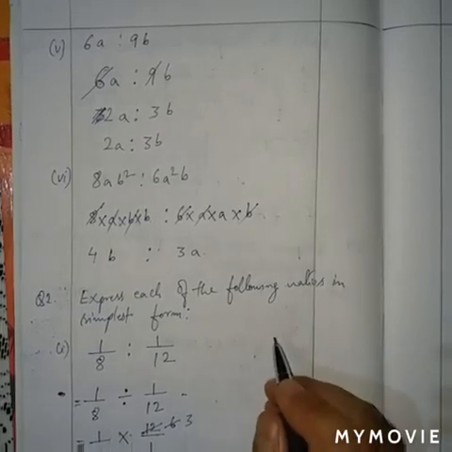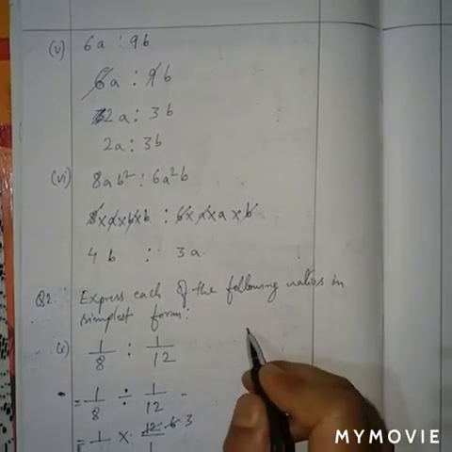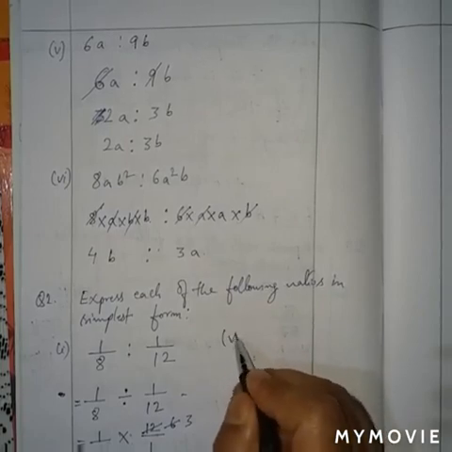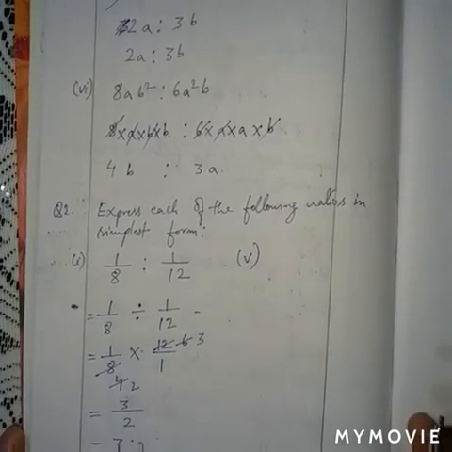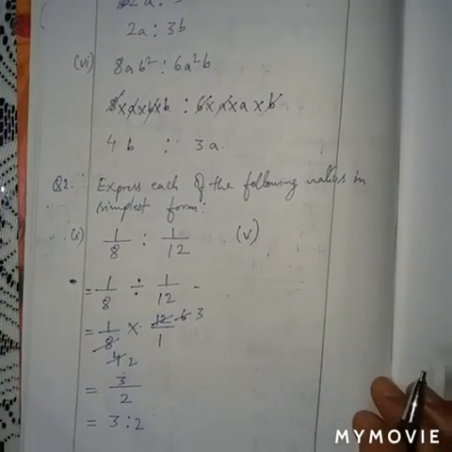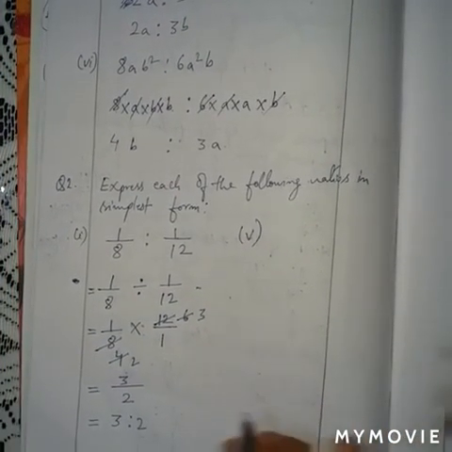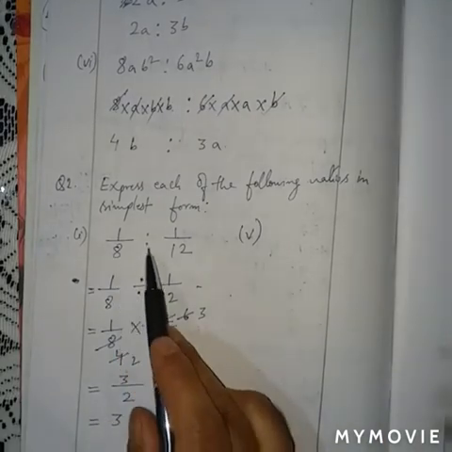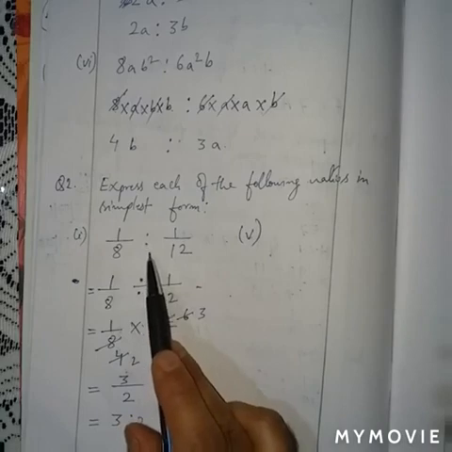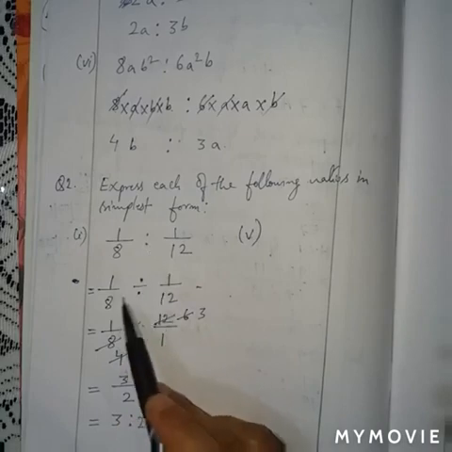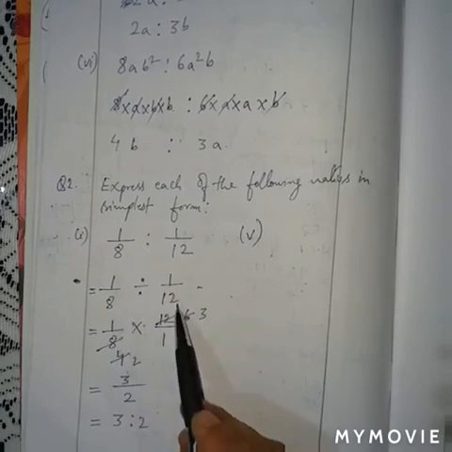Now let us do question number 5. Here you can see 1 by 8 is to 1 by 12. This is the question, and the ratio sign I have changed into a divide sign. 1 by 8 divided by 1 by 12.